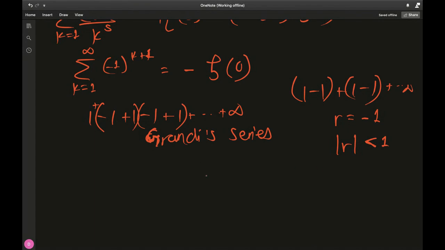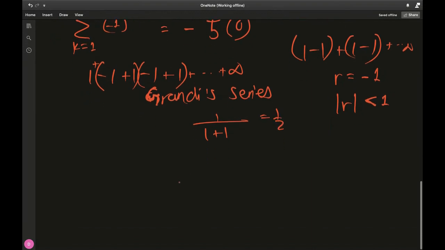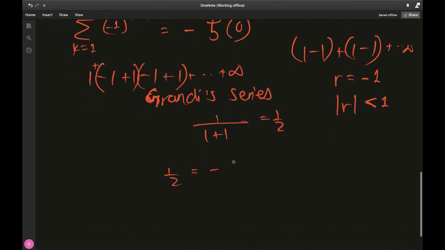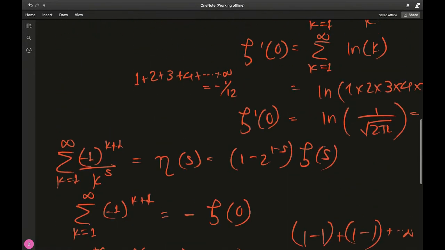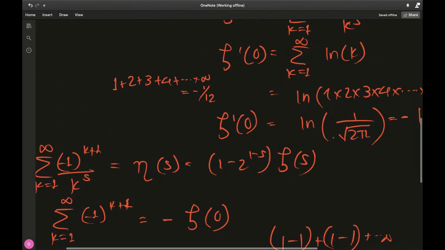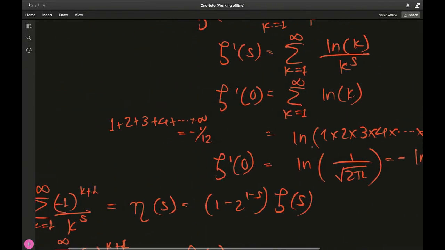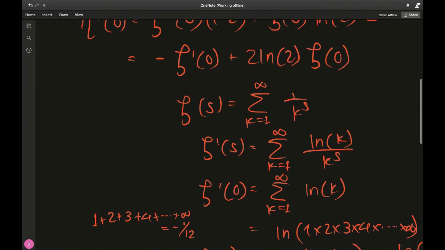We end up with 1 over 1 minus (-1), which is half. So this means half is equal to negative Riemann zeta of 0, implying that Riemann zeta of 0 is negative half. And we can actually plug this in now into the expression that we were struggling with over here.